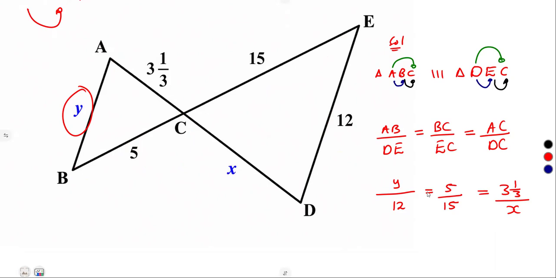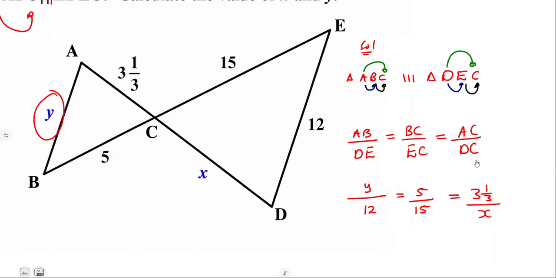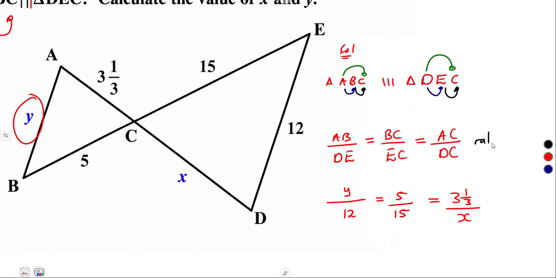You have formed an equation from the ratio of corresponding sides. It's the proportionality concept. That is what you can simply apply.